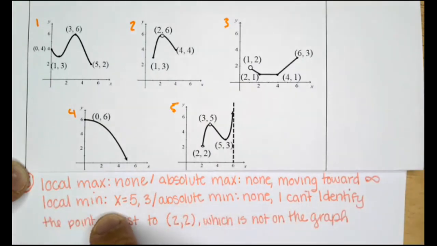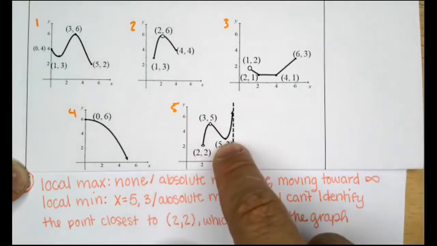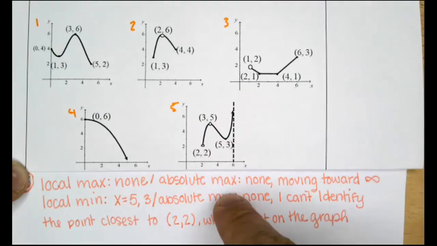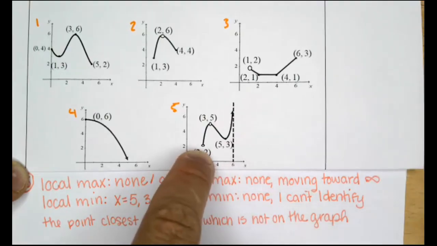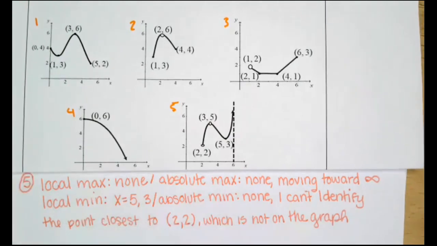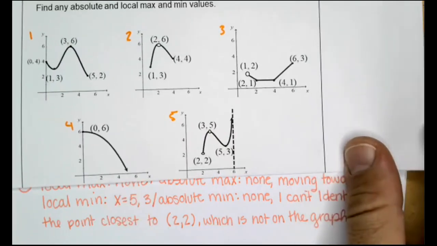Local minimum is X equals 5 at a height of 3. It's the bottom of a valley. The absolute minimum, because 2, 2 is not included, I can't identify the point closest to 2, 2 that is not on the graph. So that's why we say that there is none. I cannot identify it. They didn't give me enough information.